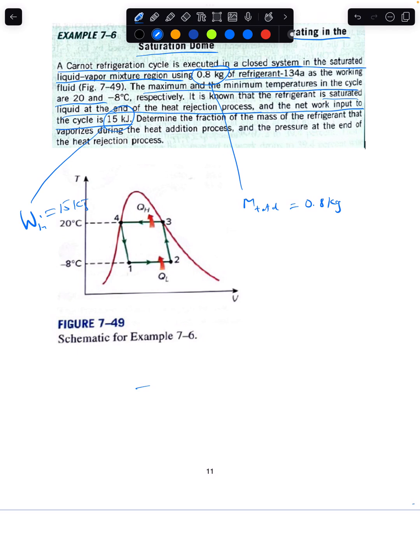And if we look carefully, we need to determine the fraction of the mass of the refrigerant, from quality.